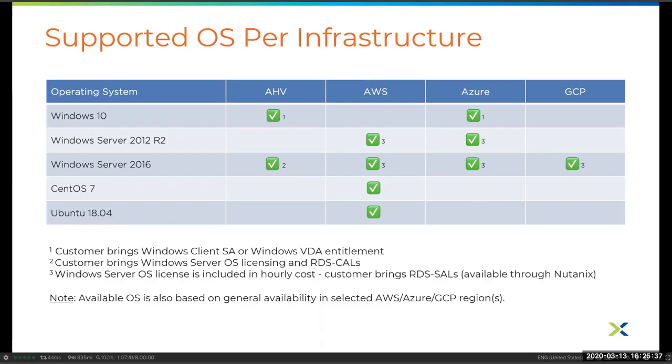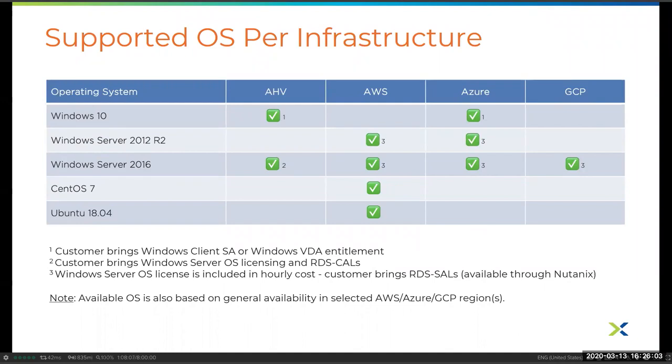And then we added support for Azure and then added support for GCP. So if you want to do native Windows 10 in the public cloud, just know that we only support that in Azure today. If you want to deploy into AWS or GCP, most customers will run it on a Server 2016 virtual machine and run desktop experience, so it basically looks like Windows 10.